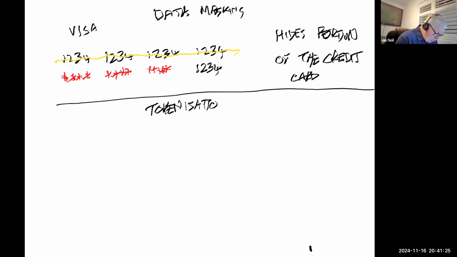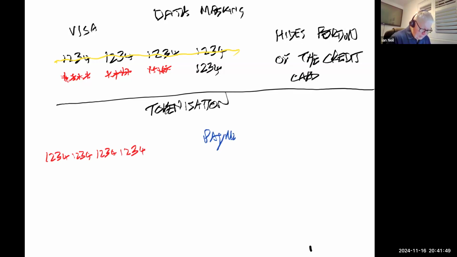So once again, I've got a credit card I'm going to store: 1, 2, 3, 4, 1, 2, 3, 4, 1, 2, 3, 4, and 1, 2, 3, 4. But what I'm going to do with this, I'm looking for a payment gateway.